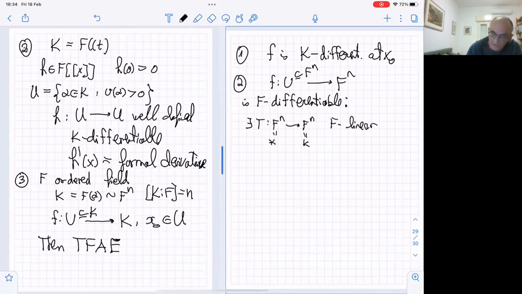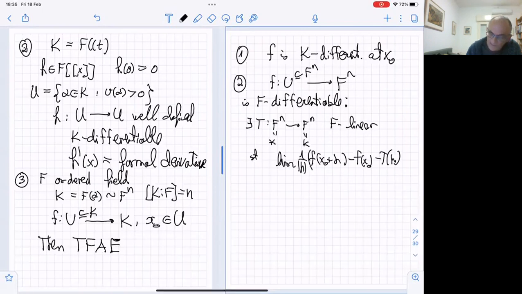And this is going to be the differential of the function, such that the limit of f(x0 + h) minus f(x0), these are elements of F^n, so we are adding and subtracting in F^n, minus T of h, and now we divide by the absolute value of h.